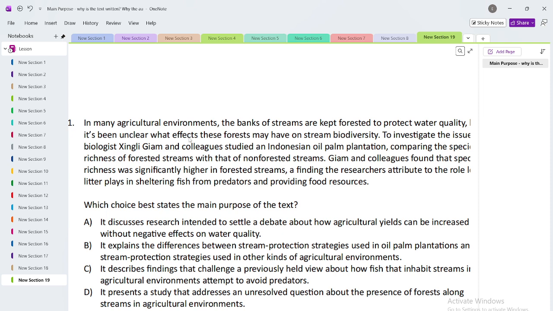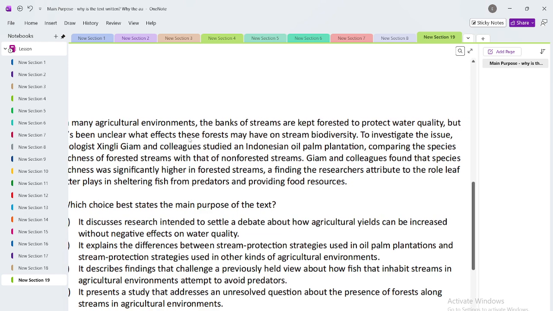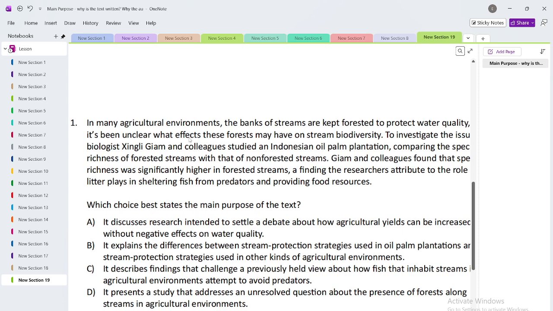And it's unclear what effects these forests have on stream biodiversity. All right, they are talking about the banks of streams, and they're not sure what effects the forests have on those streams. Let's say this is an assumption, something they don't know.